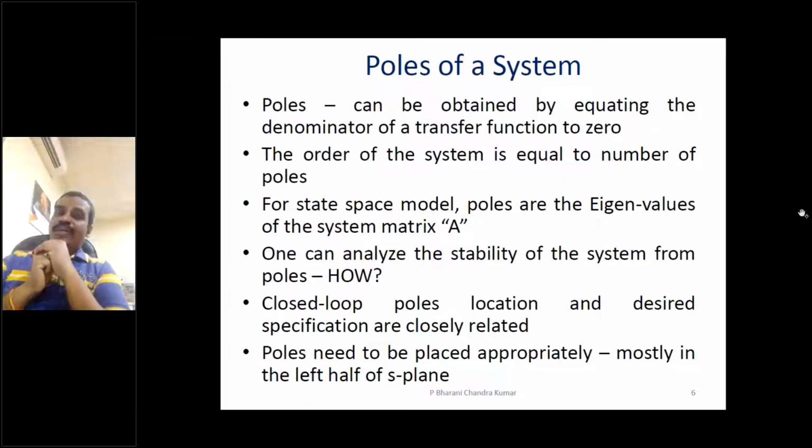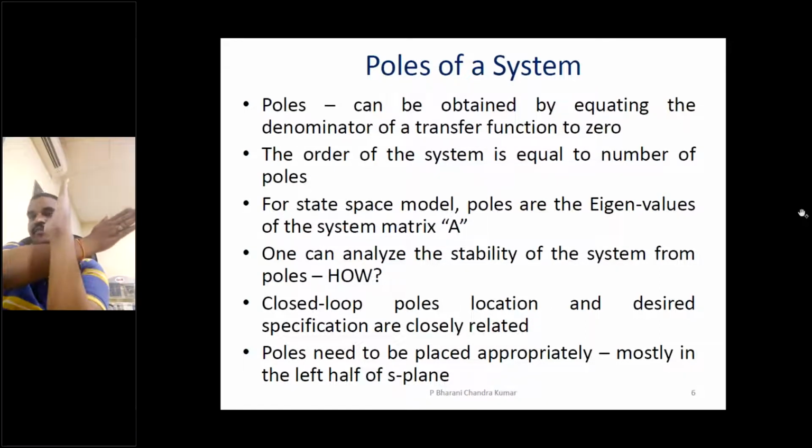If you place the closed loop poles very close to the imaginary axis, and there is some small disturbance in your pole location due to physical considerations or external disturbances, then there is a chance that this pole will move to the right half of the s plane.